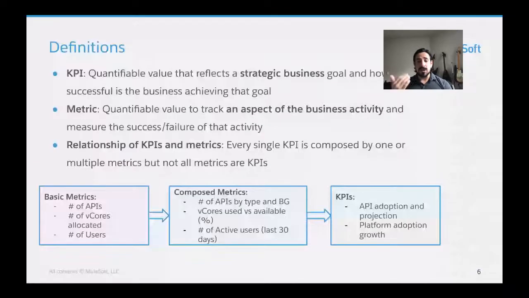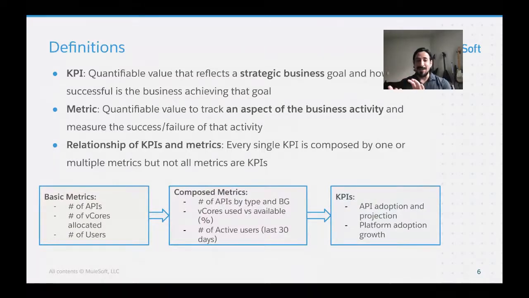So before jumping into the features of this application, it is important to understand the difference between a KPI and a metric, right? Normally we talk about KPIs, and that's the final goal, the strategic business index that we want to have as part of our analysis or our dashboards.